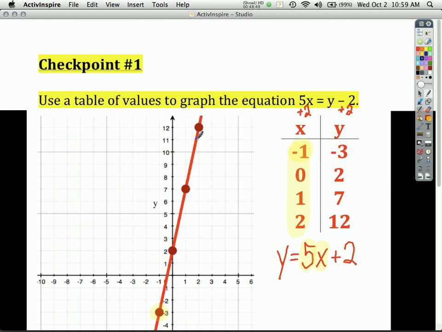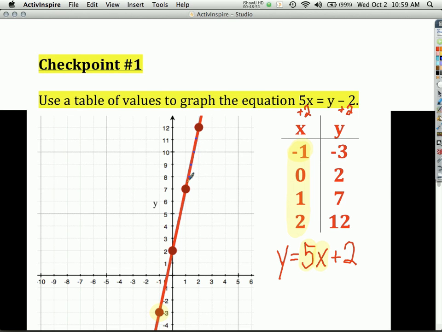Every point on this line is a solution to this equation. No matter what point I pick, anywhere on this line, if I pick the coordinates and I plug it in, it will be a true statement. So that's what this whole thing is about, representing all of the solutions.